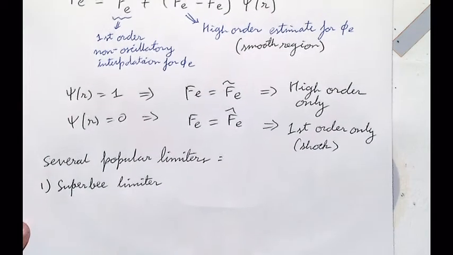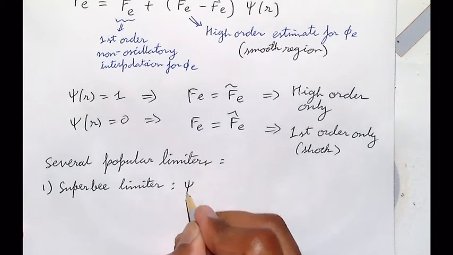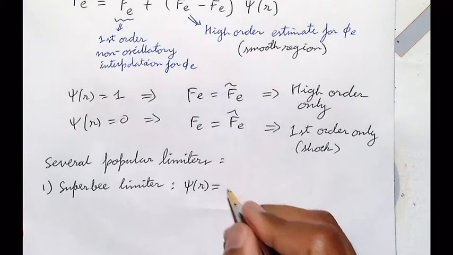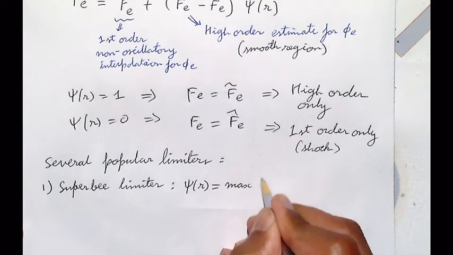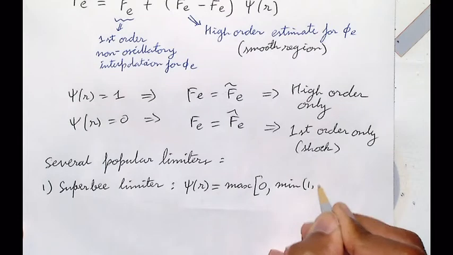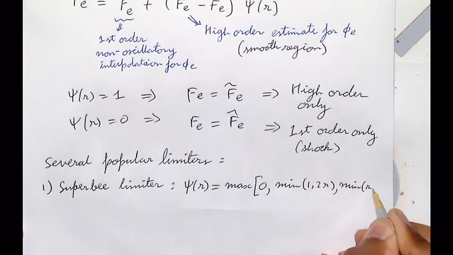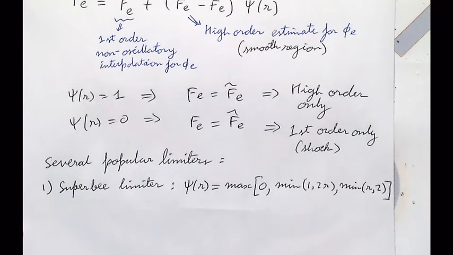Or Superbee. So the Superbee limiter says C of R is equal to max of 0, min of 1 and 2R, or min of R and 2. Again, this is very simple.